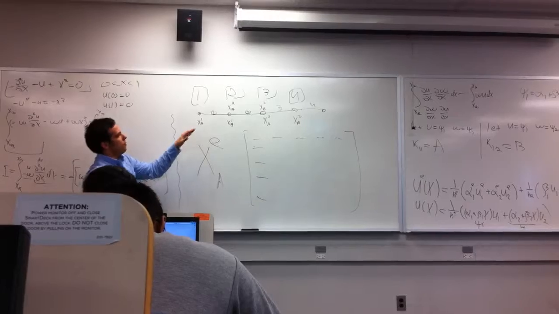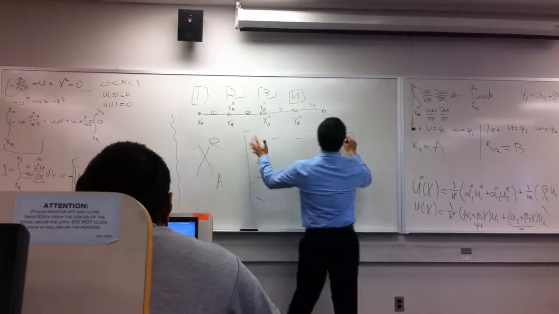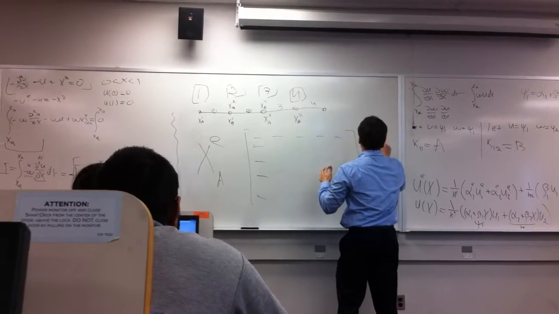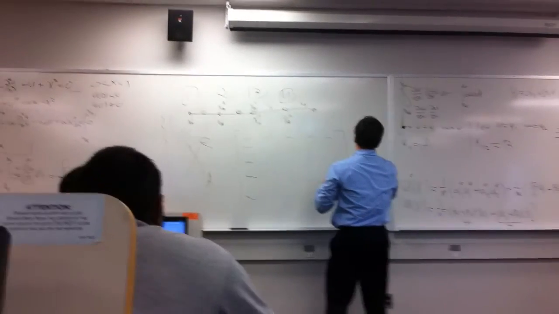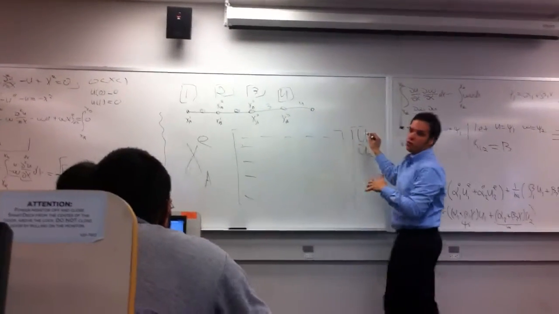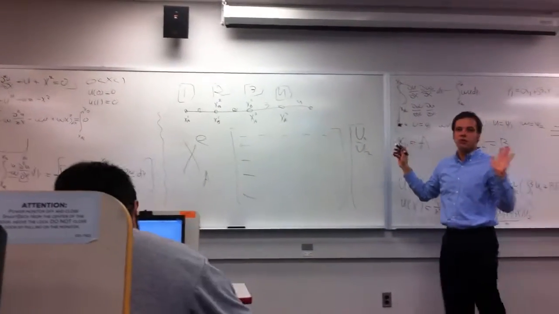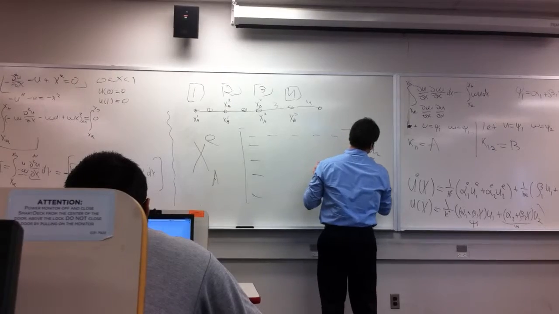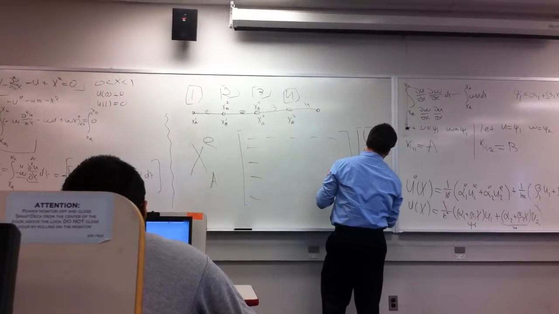So this is your global K, and you're multiplying it by capital U1, capital U2. You're going to put a bar over U so that it means global.